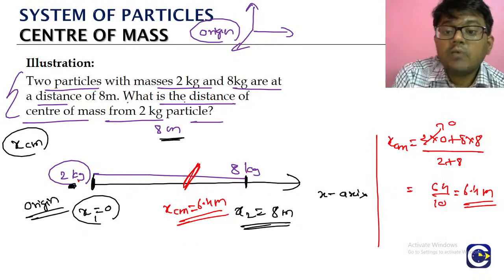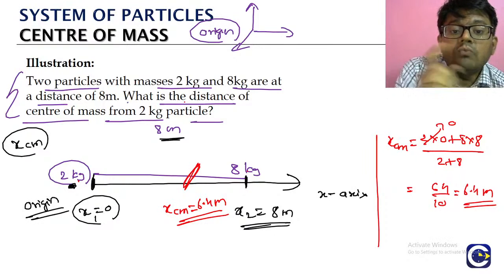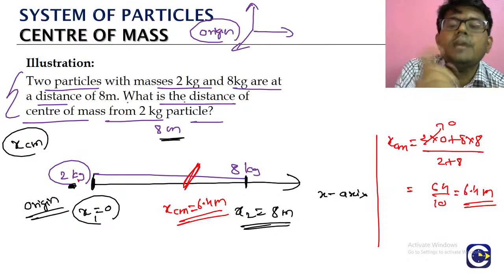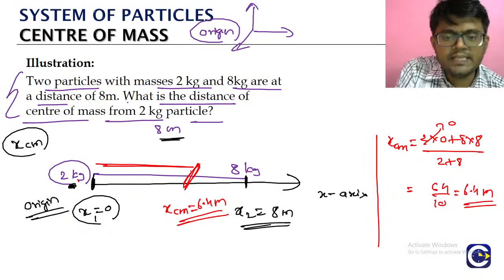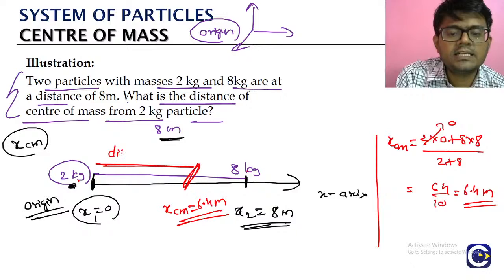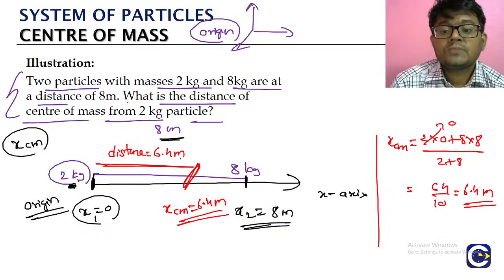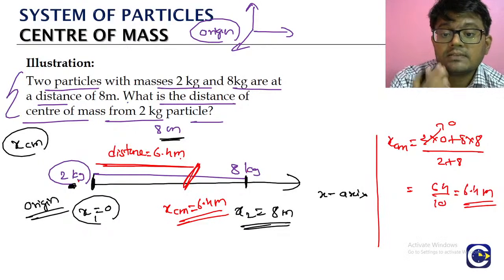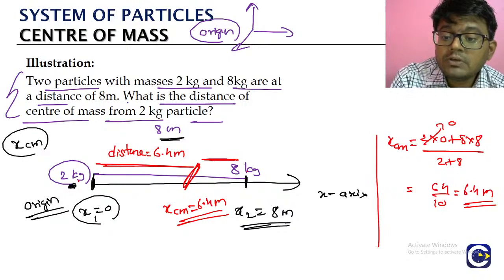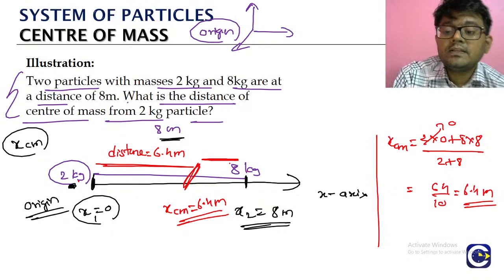What is the question they are asking? What is the distance of the center of mass from the 2 kg particle? If the x coordinate is 6.4 meters, means from the origin what is the distance? 6.4 meters only, right? So you can see here that from the 2 kg, the distance of the center of mass is 6.4 meters. What about the distance from the 8 kg particle?